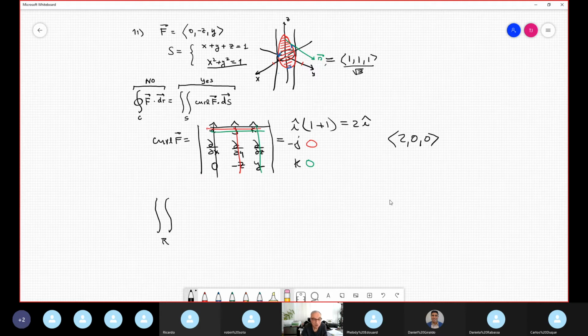No parameterization. I can, pero no. I suppose que normally we are doing the projection onto the XY plane. Okay, entonces we are doing the parameterization using the XY plane and maybe in explicit form. Entonces, bueno, okay.